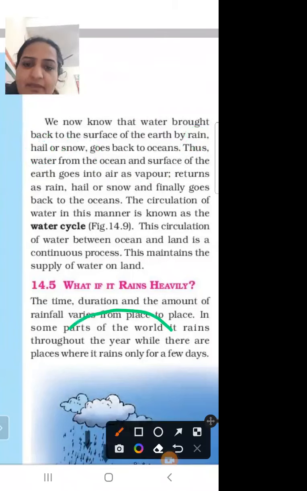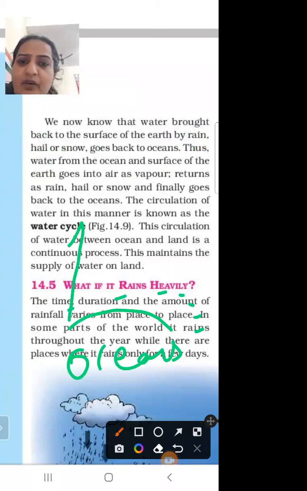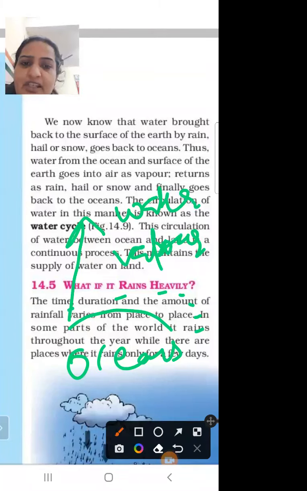And thus water from the ocean and the surface of the earth goes into the air in the form of water vapor with the help of evaporation, and then returns back in the form of rain, hail and snow, and then it finally goes into the ocean.